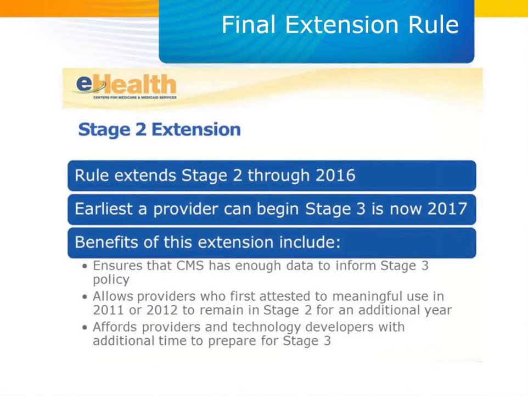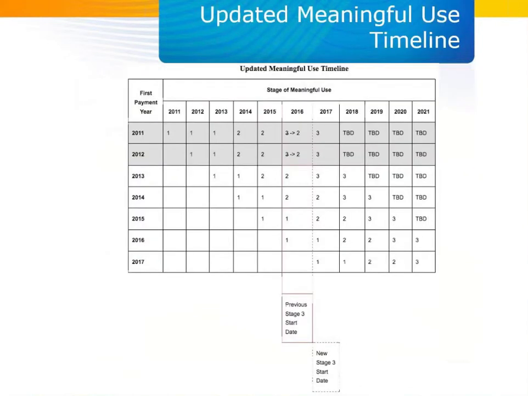Sorry, I went too fast. This is just the revised timeline that CMS has published showing that it's going to start in 2017. Now, remember, for hospitals, 2017 starts October the 1st of 2016, so we're about 2 years away. CMS says they're going to publish the final rules next August. So think about it.